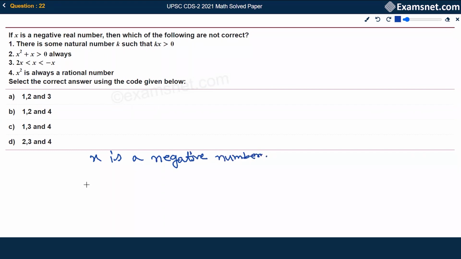So here they are stating there is some natural number k such that kx greater than 0. So we know when a negative number is multiplied by a natural number, the resulting number will be negative.